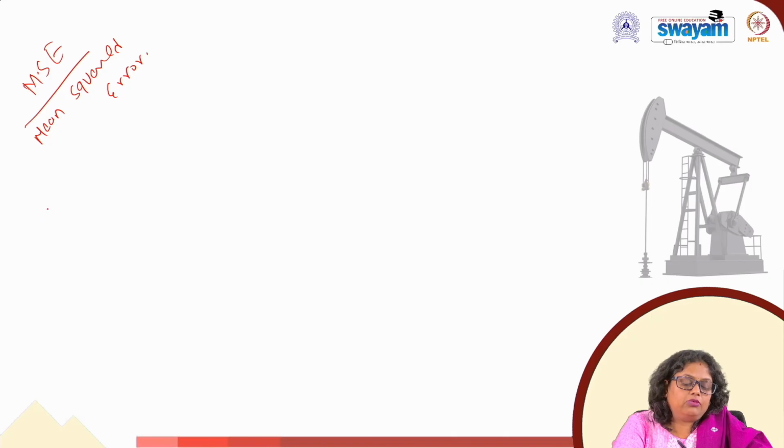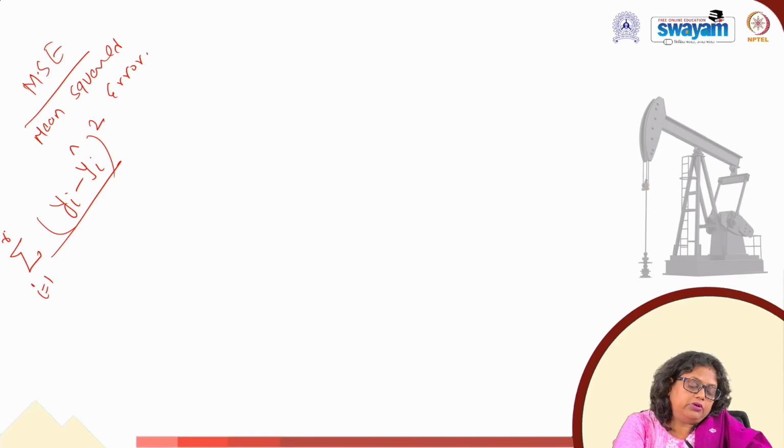So what is the formula here for this one? What we have discussed in the last class? Okay, yi minus yi hat, and this squared. And this the one we require to take the summation of i equal to 1 to n.